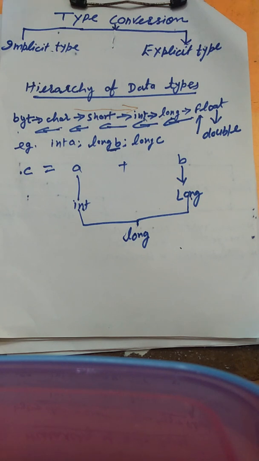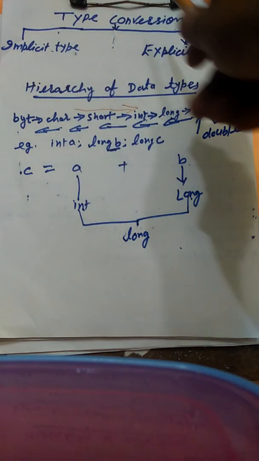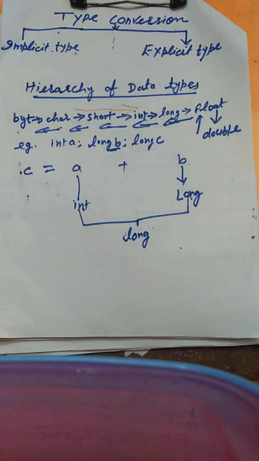In Java, type conversion can be done in two different ways. One is implicit type, second is explicit type.